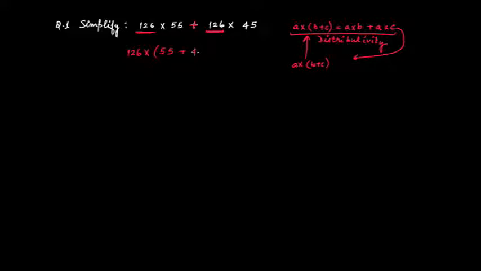This is very basic mathematics that we all know, and 55 plus 45 is 100, and therefore you would get 12,600. You multiply by 100 and you get this answer.